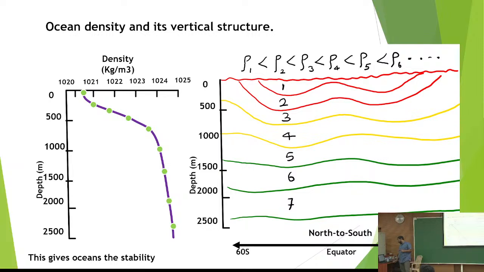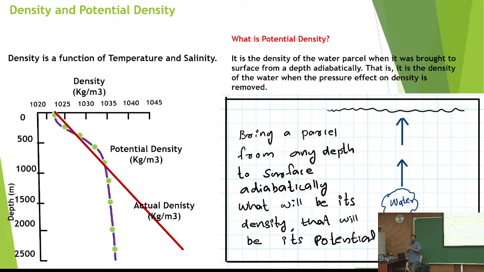Now, why are we so critical about density? Actually, density is not the way it is shown in the previous map. When you measure the density of water, you get a line like this, because the water is pressurized as you go down, which influences the density. But is it the actual density of the fluid? No, it is due to the pressure.